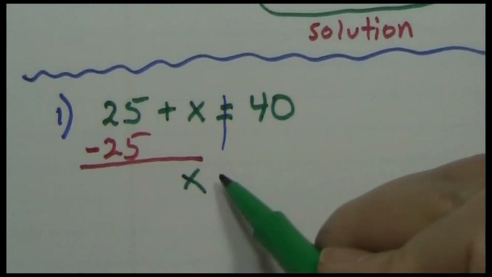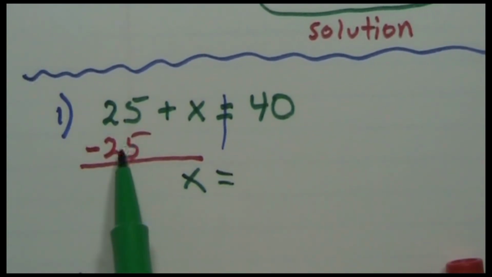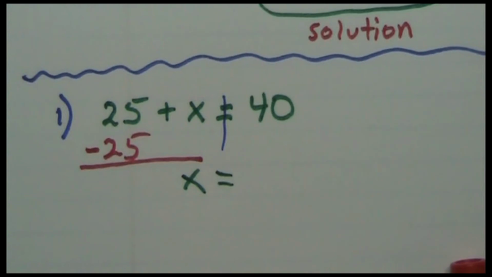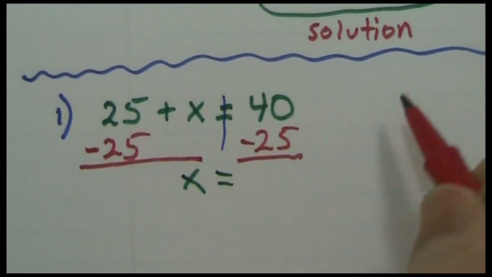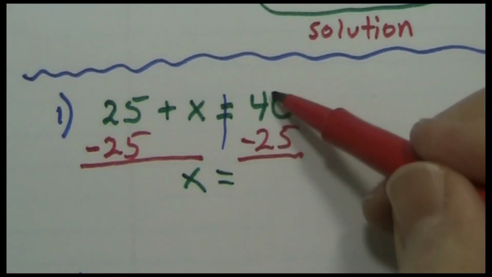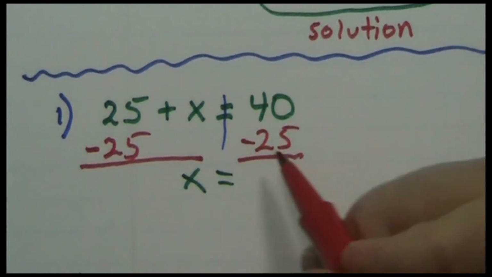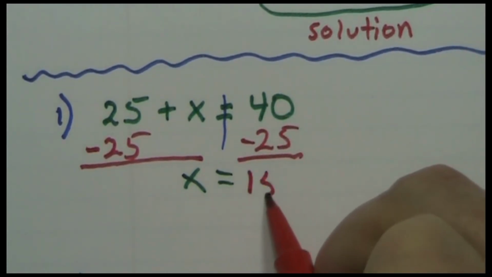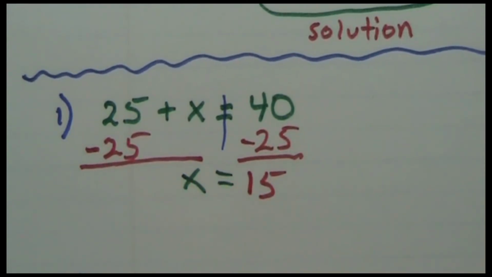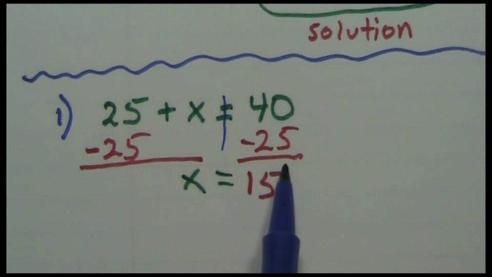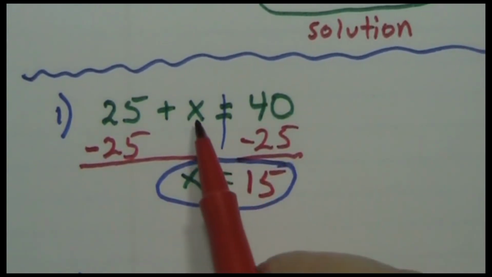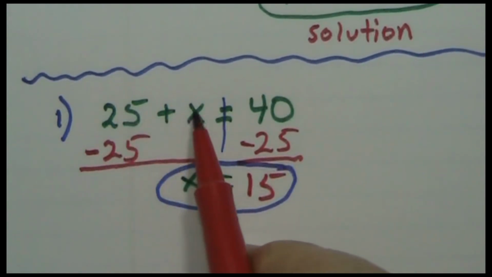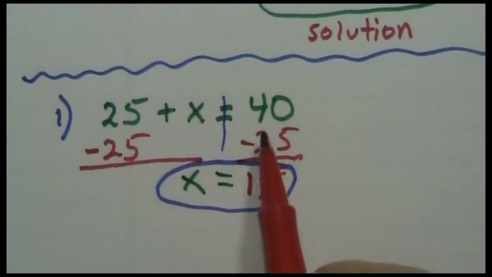And on the right side, if I subtract 25 here, I have to subtract 25 over there. 40, take away 25. That's 15. Now mentally, if you just plug this in there, 25 and 15, yeah, that makes 40.